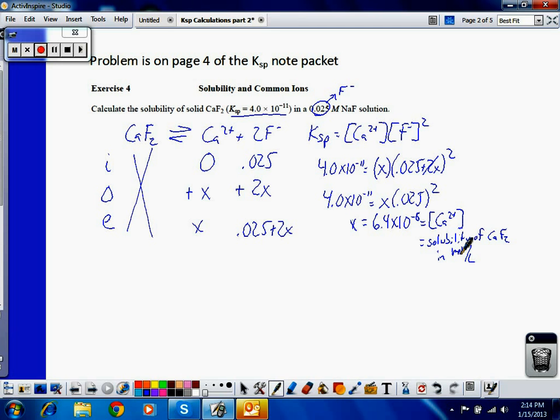Okay, because if we evaluate this X, that's 10 to the negative 8th. So if I take that 0.025 and plug in twice that, which would be actually 1.28 times 10 to the negative 7th.